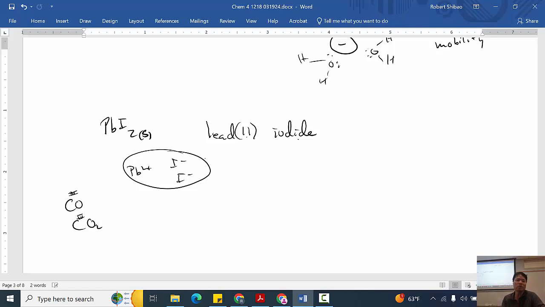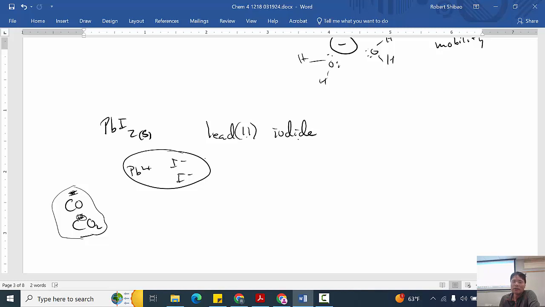This would be carbon 4 oxide. But traditionally for binary molecular compounds, we only use the prefixes. We don't use the charges. So I don't state what the charge on carbon is. There's a reason for that. And for ionic compounds, we use the charges to figure out the ratio. So this is just lead 2 iodide.